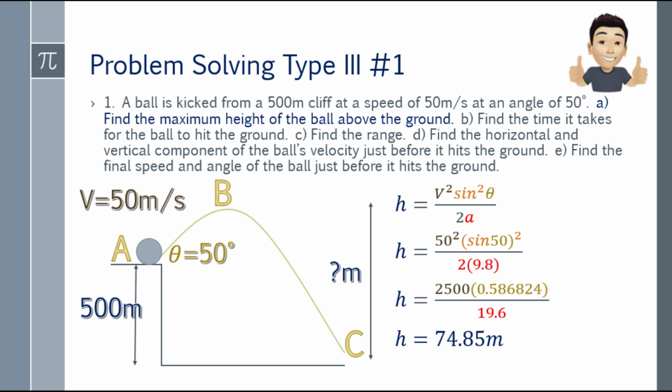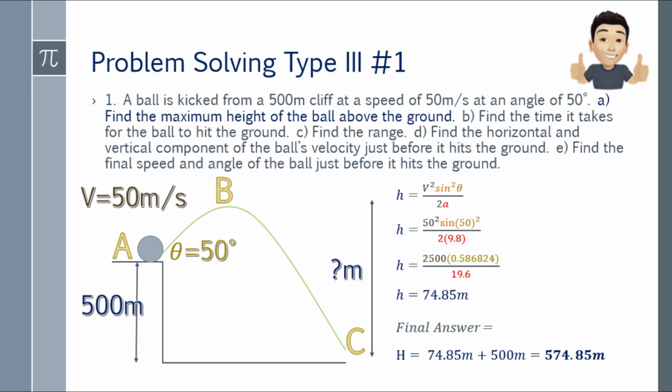But the question is, find the maximum height of the ball above the ground. Okay, remember, you're 500 meters above the ground. So, what you can do is, you must add that 500 to that 74.85. And the answer will be 574.85 meters. That's the maximum height of the ball above the ground.